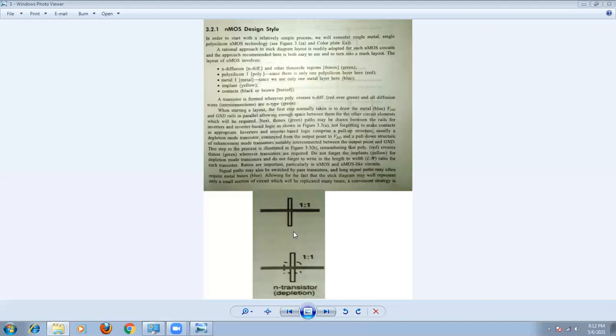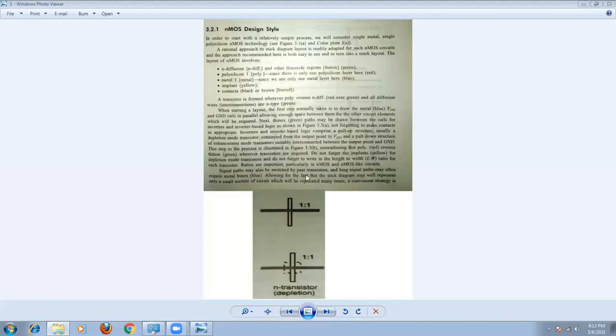Always it is perpendicular. So this polysilicon is perpendicular to this diffusion layer, right? And the polysilicon crosses this diffusion layer here, so the transistor is formed. But now we have the implant here, so this is a depletion mode N-channel FET, and this is the enhancement mode N-channel FET, right? These are the main things you have to remember.